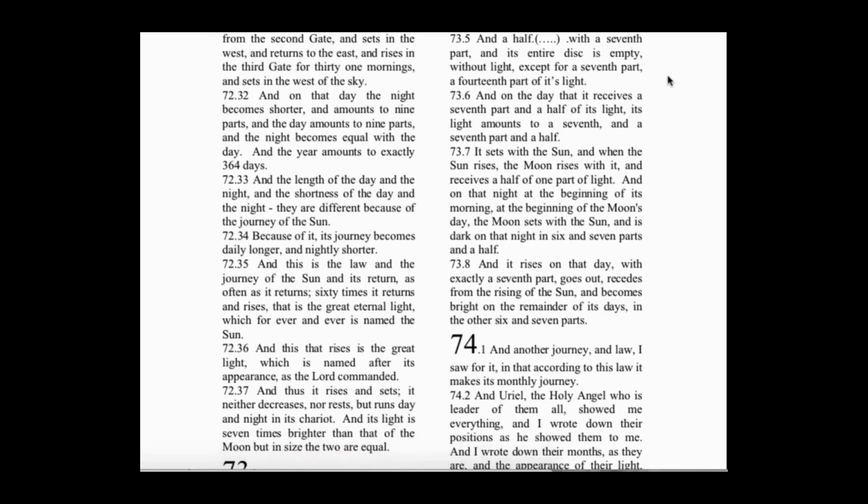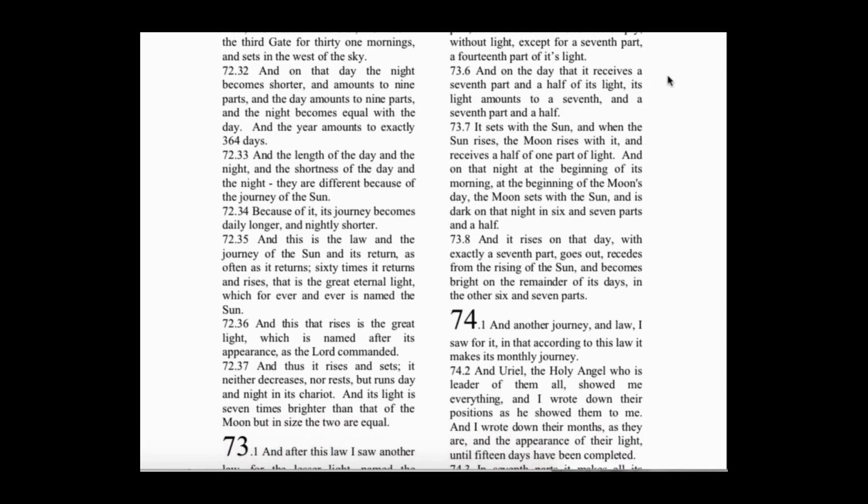So it's the dimmest light ever at that point. And on the day that it receives a seventh part and a half of its light, it amounts to a seventh and a seventh part and a half.